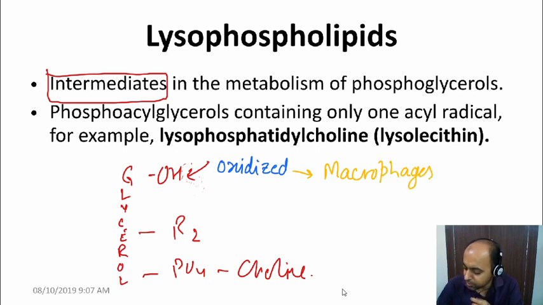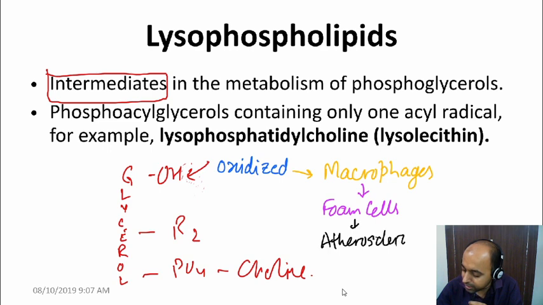Macrophages are unable to keep track of the oxidized lipids that they consume, so they keep taking up the oxidized lipids, and gradually they become very large, when we call them foam cells. All of you know that foam cells are implicated in the causation of atherosclerosis.